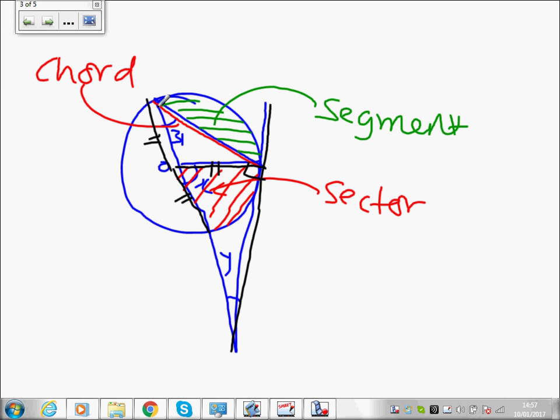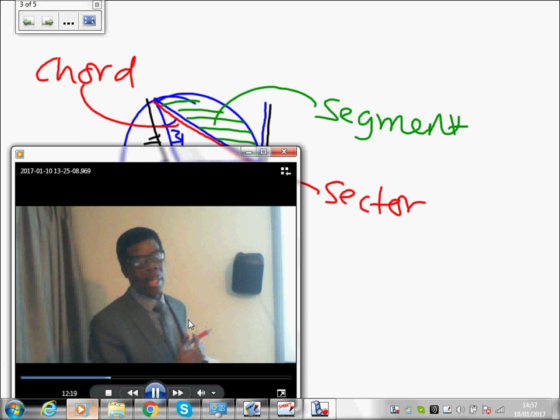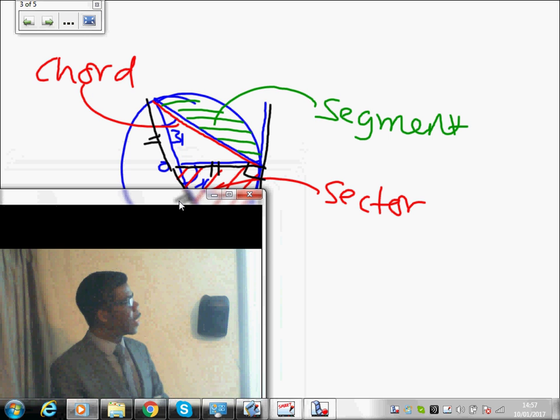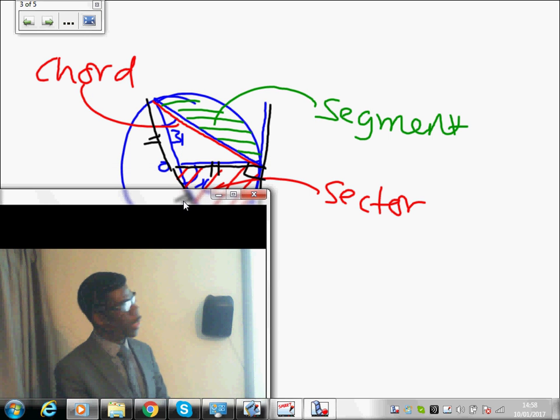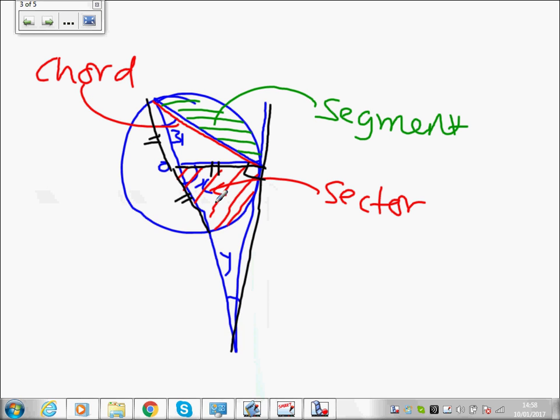So I want you to be in the habit of seeing these properties through and through in any diagram with a circle and lines cutting through. Try and see if you can identify a sector, segment, or chord. And this will become very important as we go. Let's also see if we can find a radius here.